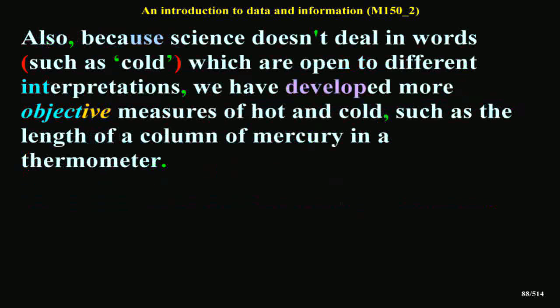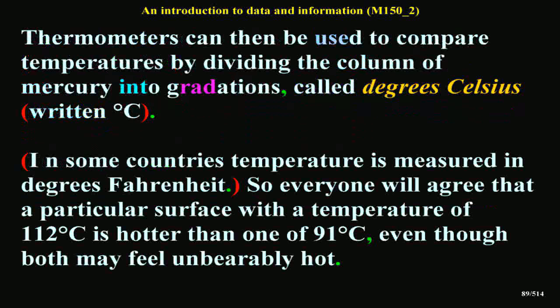Also, because science doesn't deal in words such as cold, which are open to different interpretations, we have developed more objective measures of hot and cold, such as the length of a column of mercury in a thermometer. Thermometers can then be used to compare temperatures by dividing the column of mercury into gradations, called degrees Celsius, written °C. In some countries temperature is measured in degrees Fahrenheit.